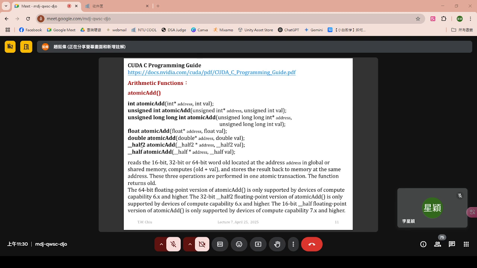It can read 16-bit, 32-bit or 64-bit from global memory or shared memory, and store the result back to memory at the same address.